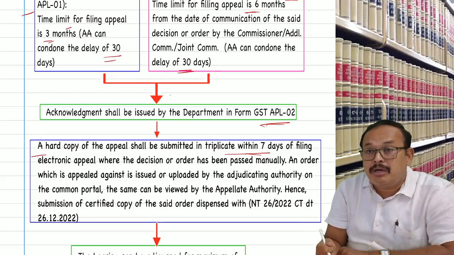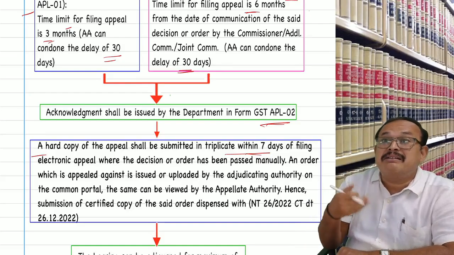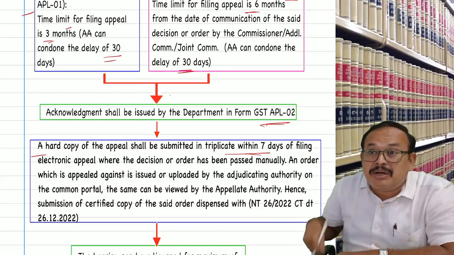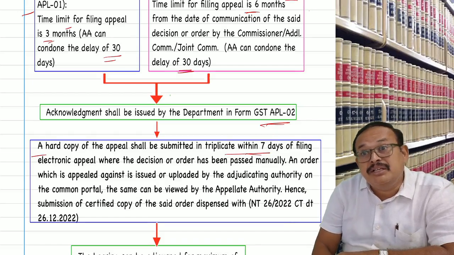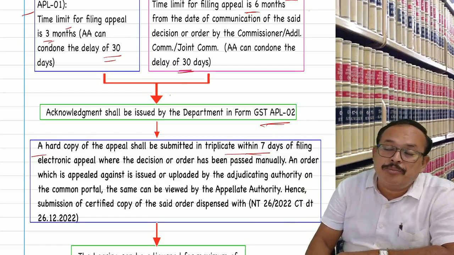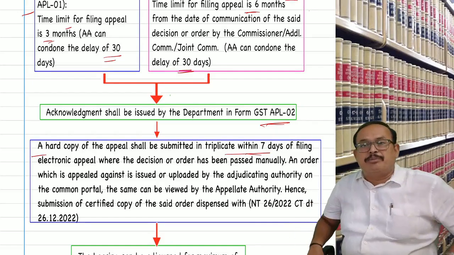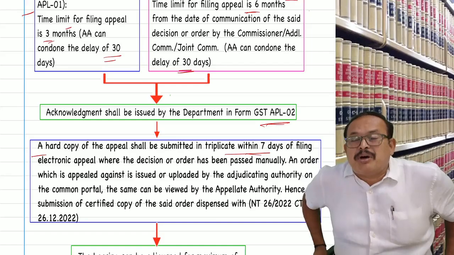Why? Because the appeal authority cannot view the order in original through the system software, since the order in original was passed manually. In that case only is the hard copy required. Now assume a scenario where the hard copy is required because the order in original was passed manually by the officer.